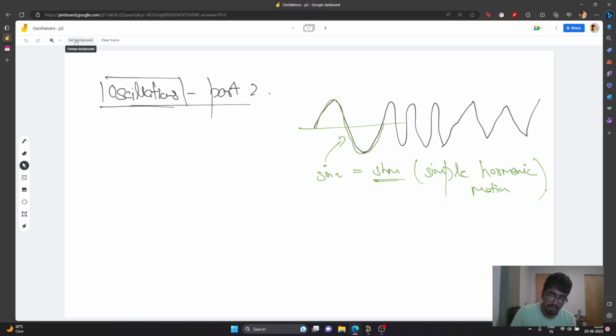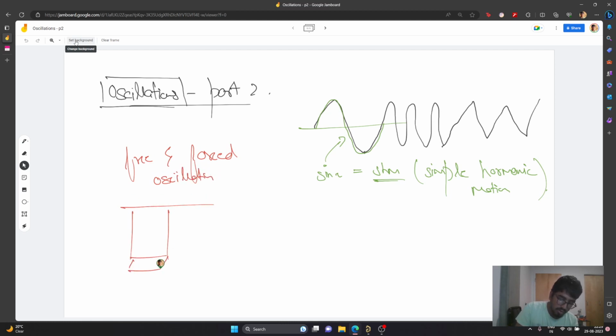Apart from this, we were talking about concepts like free and forced oscillations. So one of the examples that we were talking about here was a swing, a child on a swing, right? And then we were saying that okay, if you want to push, then the right place to push a swing is exactly at the top, as you said, and that is when the amplitude keeps increasing, right?